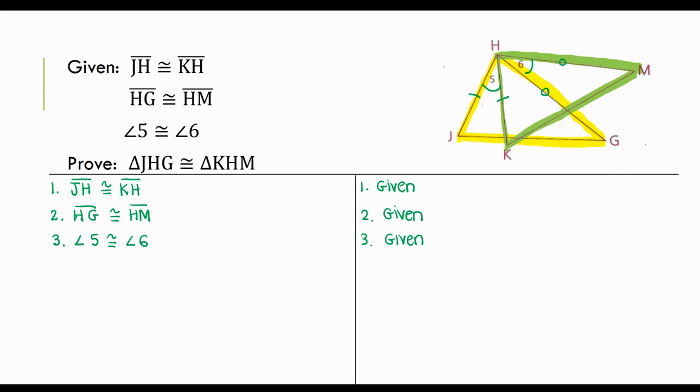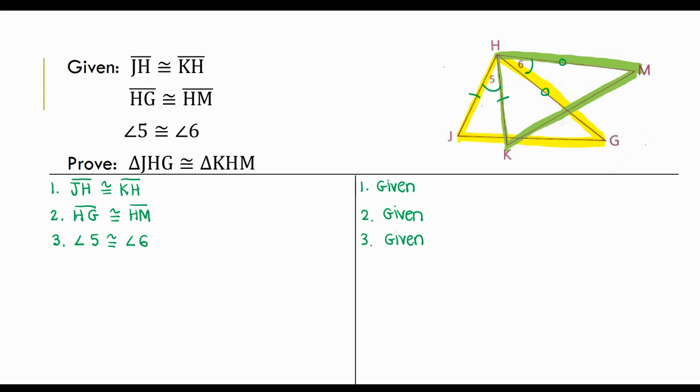If I look at the triangles that I just highlighted, I only technically have 2 things marked in each of those triangles. Notice that angle 5 is not the entire angle of the triangle that I highlighted in yellow. Angle 6 is not the entire angle of that triangle that I highlighted in green. So we cannot just go to what we are trying to prove. We have to think about another step.